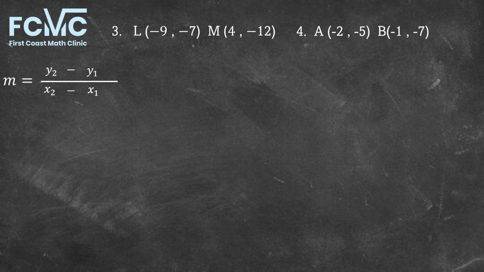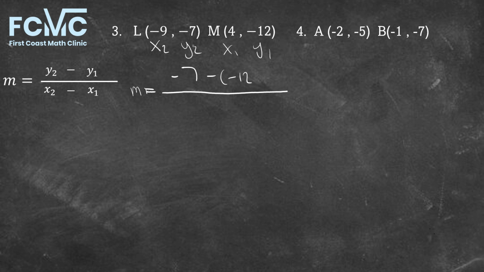So for number 3, we've got L is negative 9, negative 7, M is 4, 12. So I'm going to make this point my x2, y2, and M is going to be my x1, y1. So now let's substitute our points into our formula. So we'll have negative 7 minus negative 12 and negative 9 minus 4.